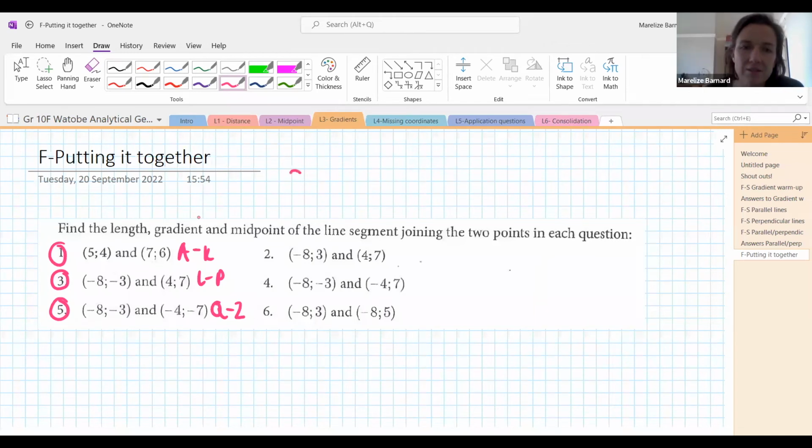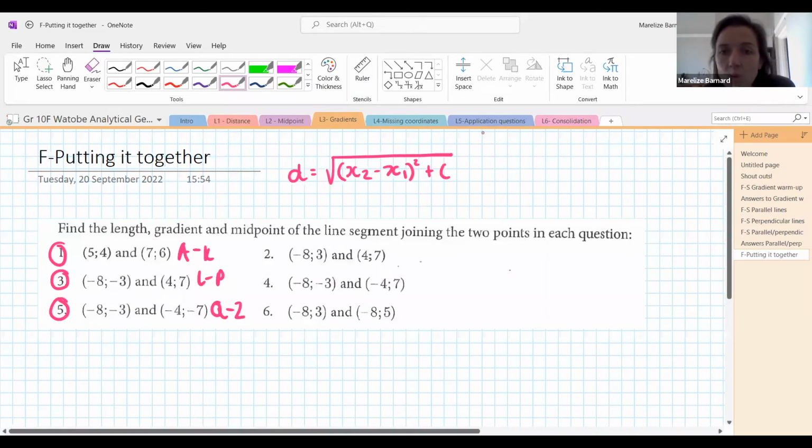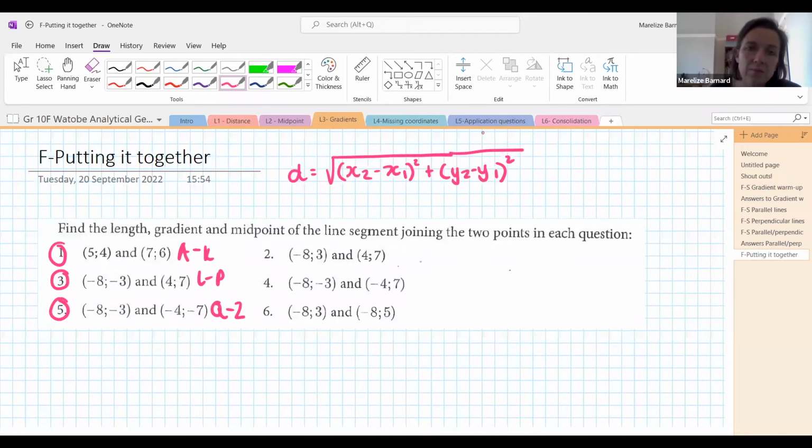I'll put the distance formula here for you in case you forgot it. Although in grade 10 you don't get a formula sheet and you should know your formulas off by heart. Just put it in the chat if you need the midpoint.